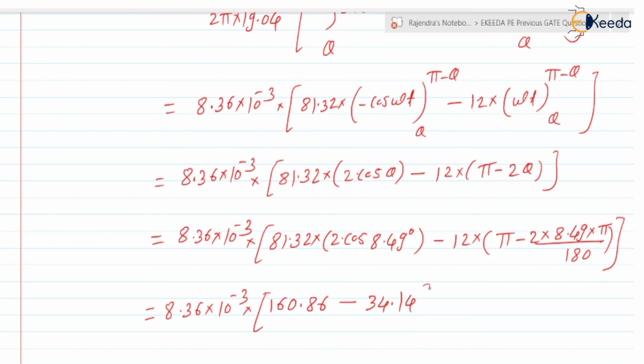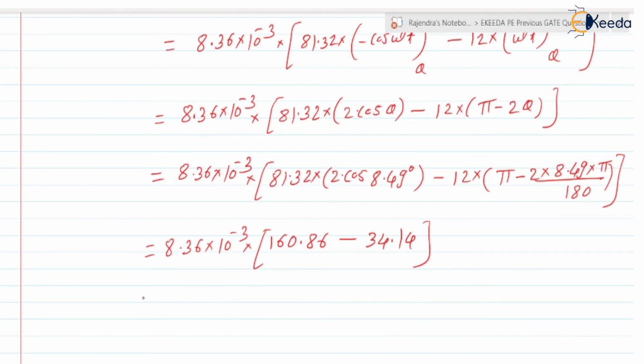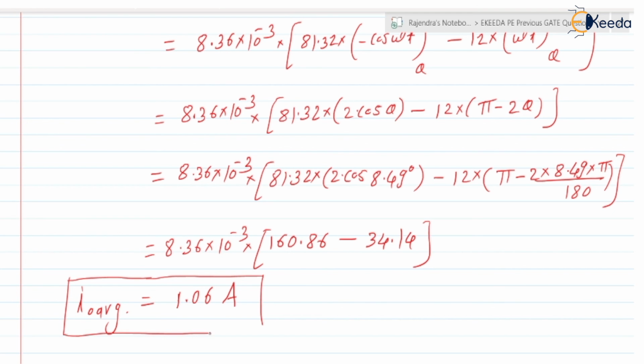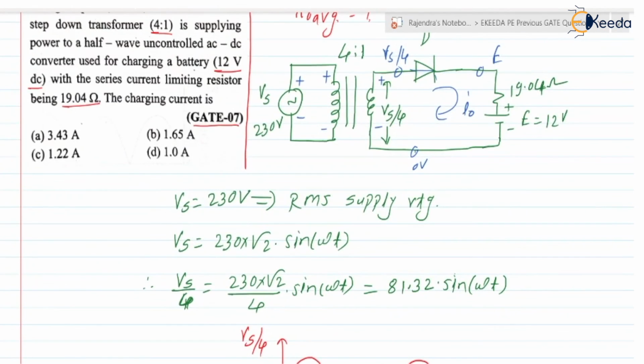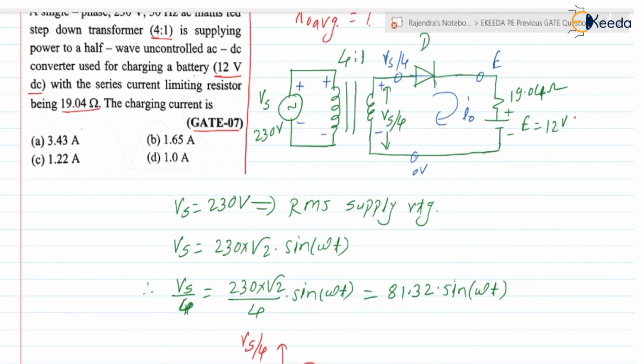So let us take what it is: it is 1.0, the I0 average. It is the charging current we are having. So if you check the options, the option is 1.0, right?